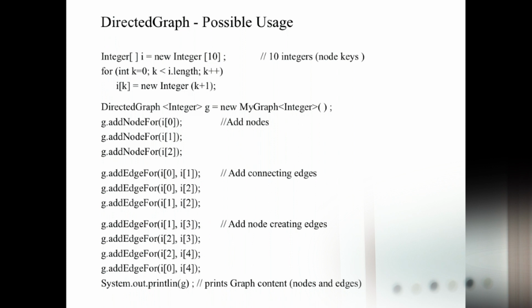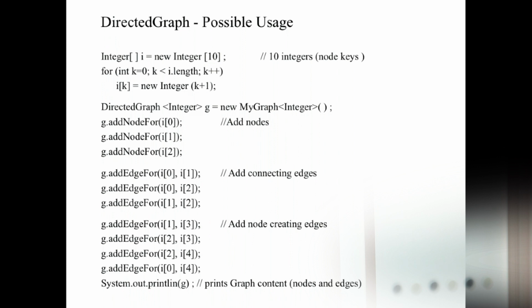Also, the add edge for method has a special feature. We have now created 3 nodes with values 0, 1, and 2. But if you call this method with a node value that is not already created, then it should create a node for it, and that's given in the method instructions.